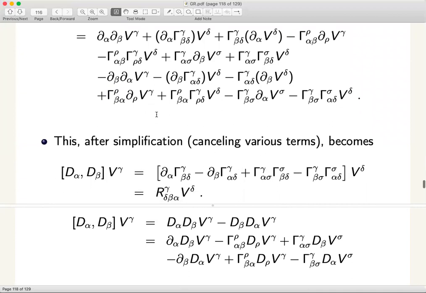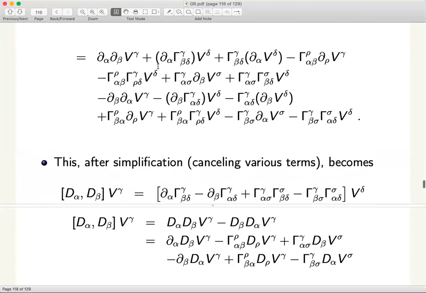So only terms that would remain here are the terms where the derivatives would be either acting on gamma or there are no derivative pieces at all. For example, this term is a derivative acting on gamma. There is a term here which is 2 gamma and V with no derivative acting on it.